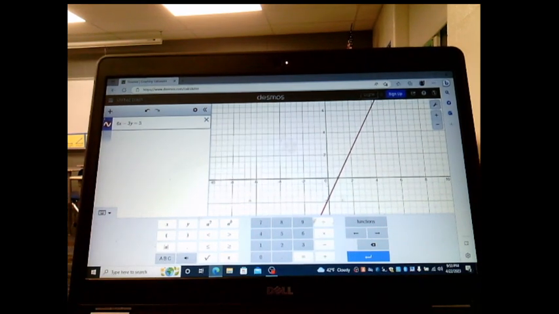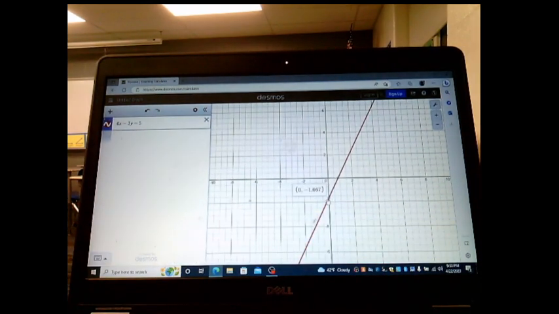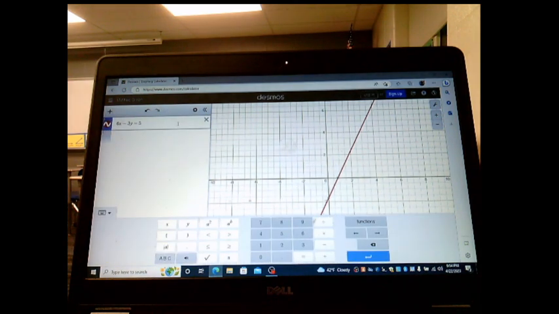That makes it difficult because it's not a whole number. I was hoping to just use the table function, but I can't.